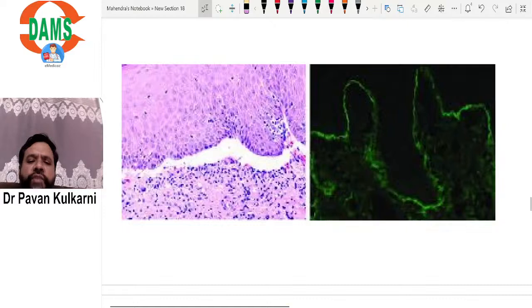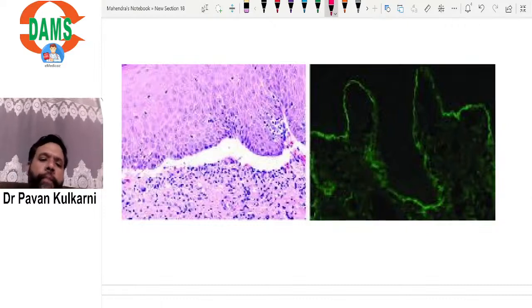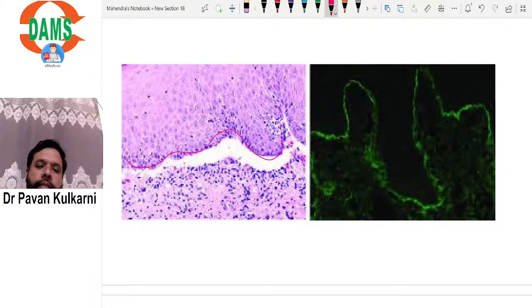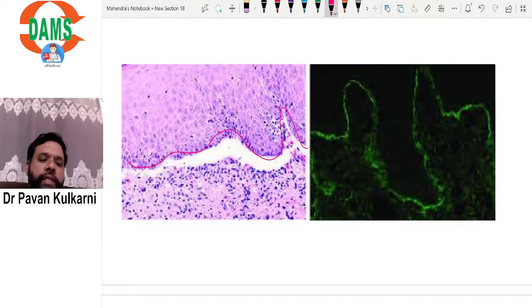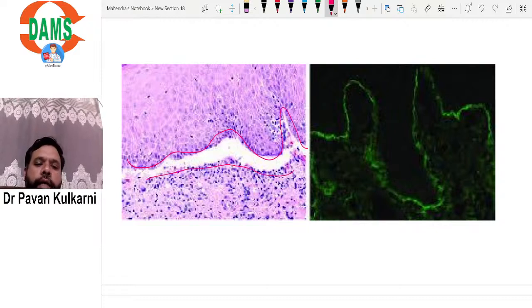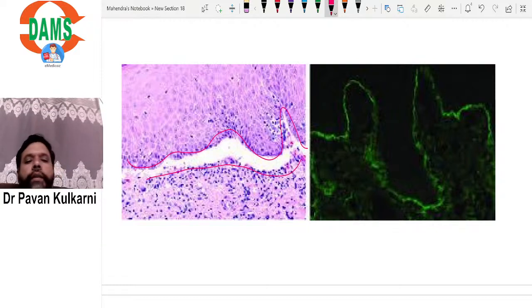I'll just show you an image of this. Look at this. This is a classical subepithelial bulla. These are the basal cells. Now below the basal cells, we see this cleft or space. That is nothing but your subepithelial bulla, the pemphigoid.